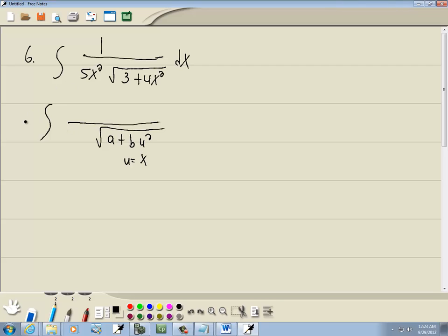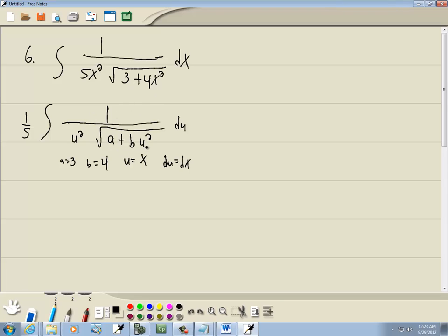Because this 5, I can go ahead and take that on front. I know that doesn't belong. So here I got x squared, which if u is equal to x, this would become u squared. And then a would equal 3, and b would equal 4, as weird as that looks. And then du would equal dx. So that would become du. So if we did that, then everything would be accounted for.